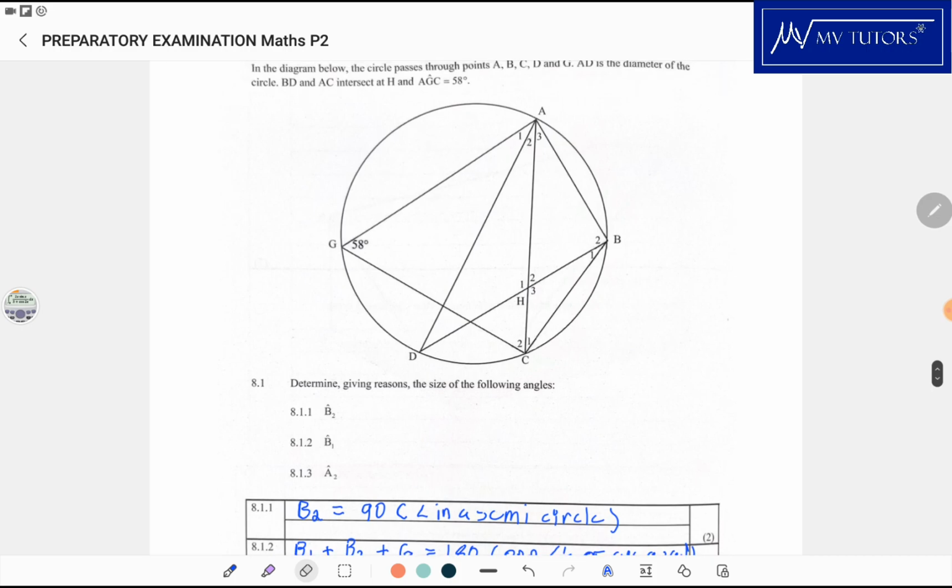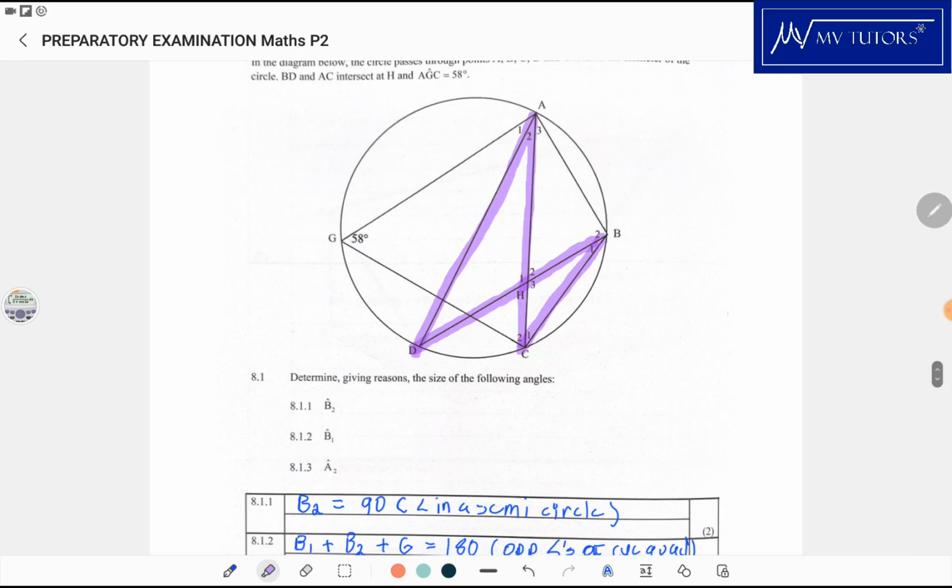If I look where B1 was subtended from, this is the angle B1, right over there, and it's subtended by the arc DC, or the segment DC. That same arc subtends A2.